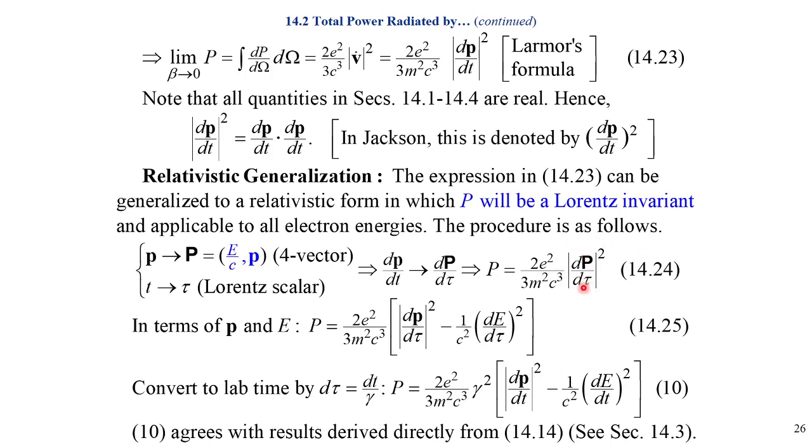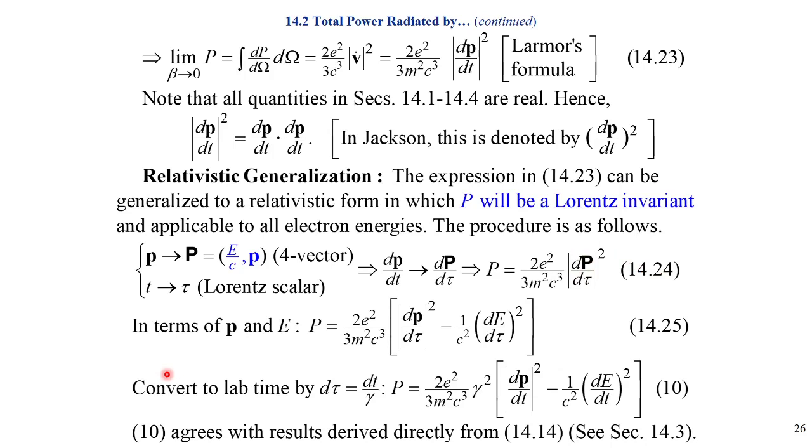Therefore, this dP dot dP over d tau will be Lorentz invariant, and d tau is its own time, proper time, so it will be independent of the coordinate, independent of the reference frame, inertial frame, and dP dot dP is a constant, an invariant.